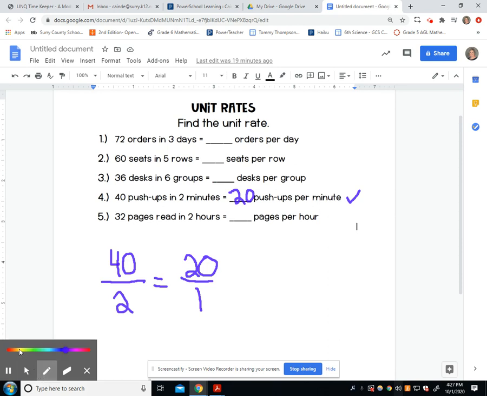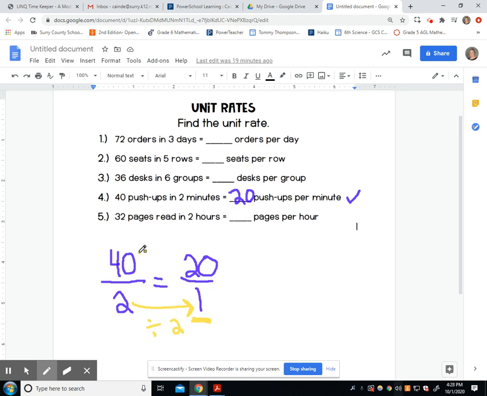Another way that you could think of this problem is ask yourself, you know in a unit rate, your denominator is 1. Another way to think of this is how do you go from 2 to 1? Well, that's easy. You divide by 2.